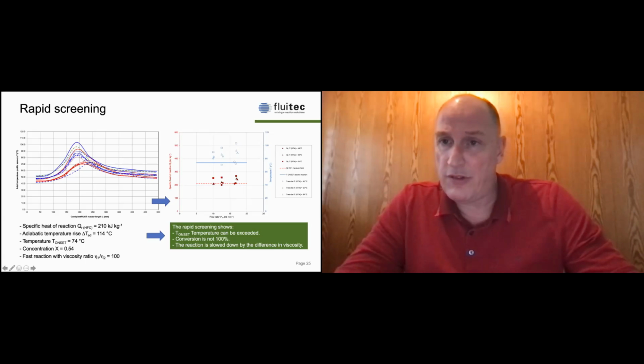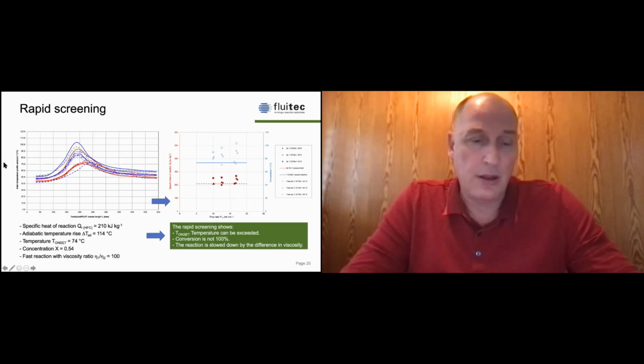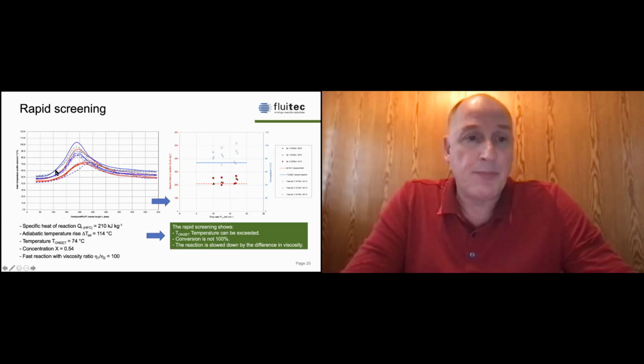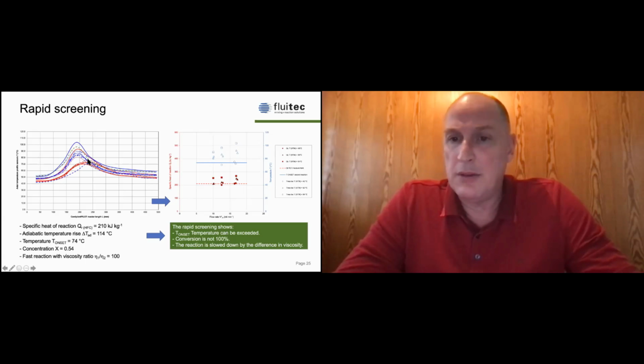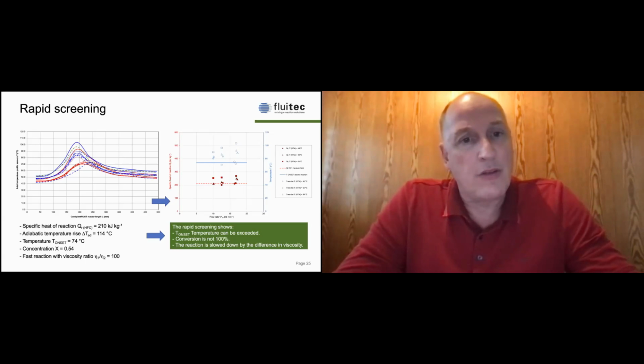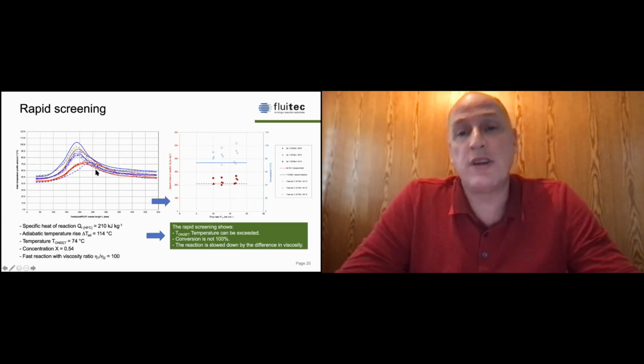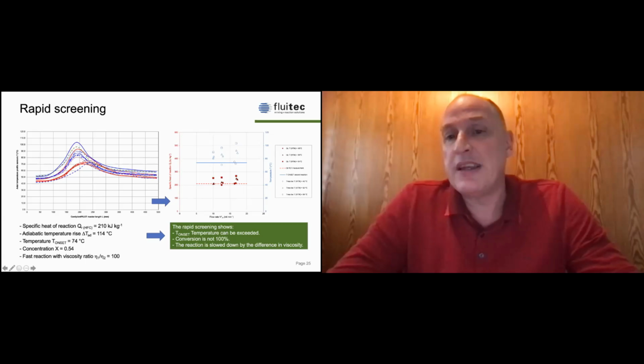Okay, here the decomposition at the T onset temperature is in this application about 74 degrees C. So you see, we run the reaction over the T onset. It would be a decomposition, but it wasn't. And that was surprising, not for us, but a lot of batch specialists were surprised that you go over the T onset from a DSC measurement.